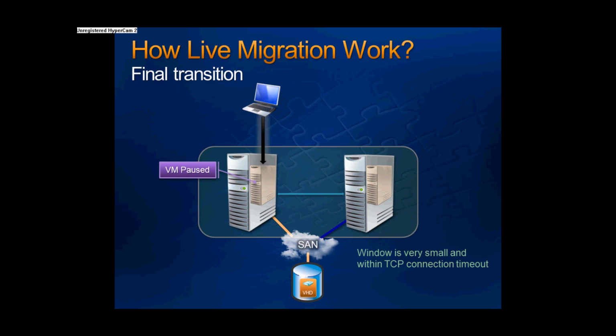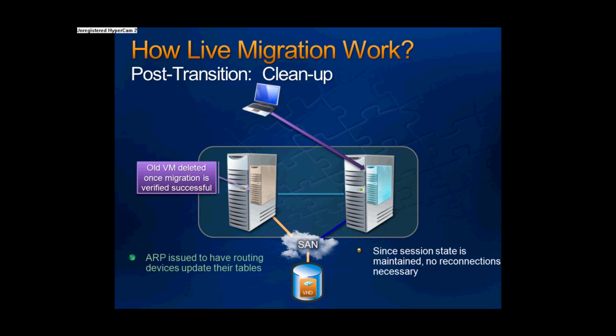Once the dirty memory pages have finished copying from the first node to the second node, the VM is paused and the state of the VM is moved from the first node to the second node. On the final stage, an ARP is issued to have the routing table updated.